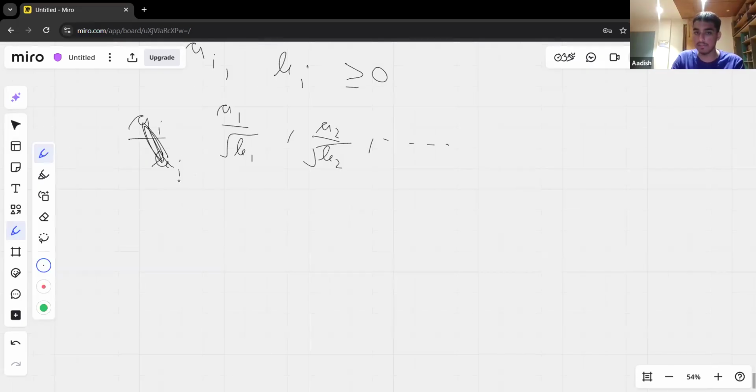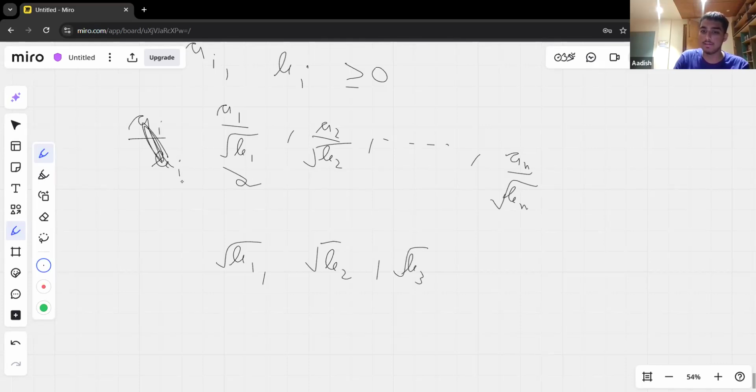And this time, since I'm taking roots, you require positives. Take these as our ai and take these as our bi, just b1, b2, b3, and so on. Apply Cauchy-Schwarz on these and tell me what you get.